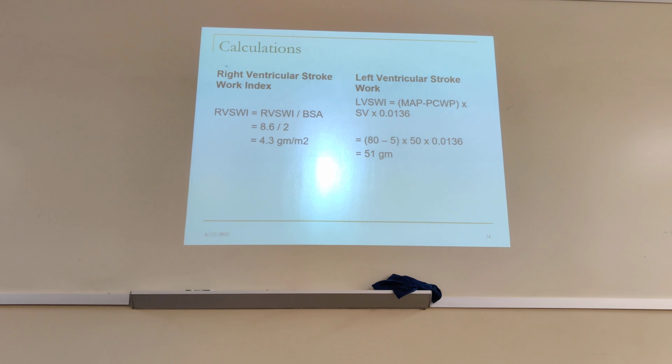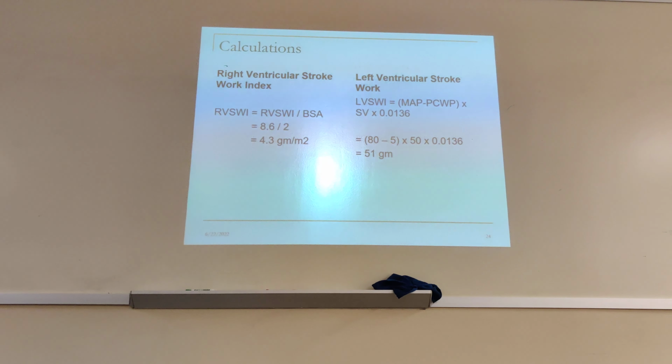And then I can index that if I want to calculate my right ventricular stroke work index. Then I'll be dividing the right ventricular stroke work by my body surface area. So we have 8.6 divided by 2. That will be 4.3.